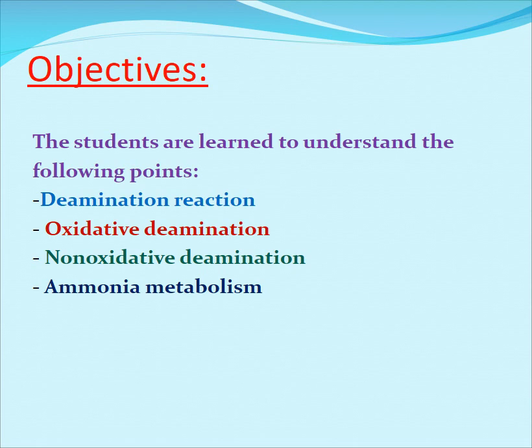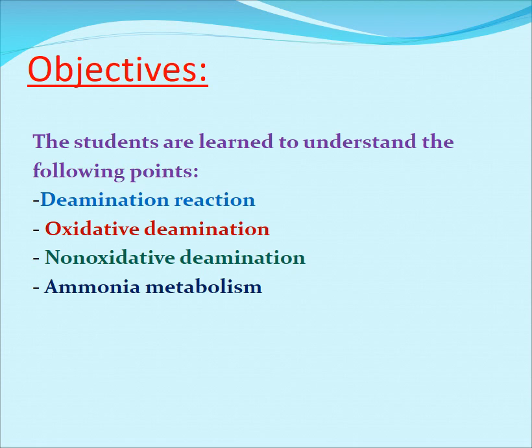We knew from the first lecture that we have an amino acid pool of around 100 gram, and this pool came from either ingestion of proteins, degradation of internal proteins, or synthesis of non-essential amino acids de novo.